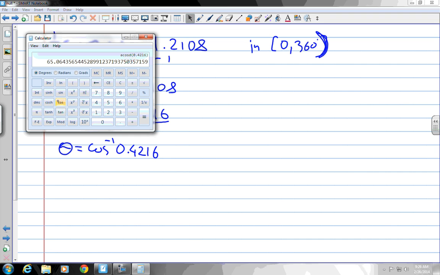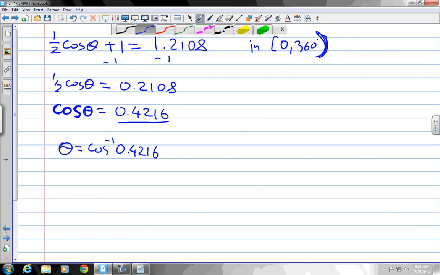Will that be okay with you if I just rounded that dramatically? Or you want to go 65.06? I don't care. So 65. Usually, if you do this on your MyMathLab, they'll tell you round to like 4 decimal places or whatever. So 65 degrees, right? Are we done?